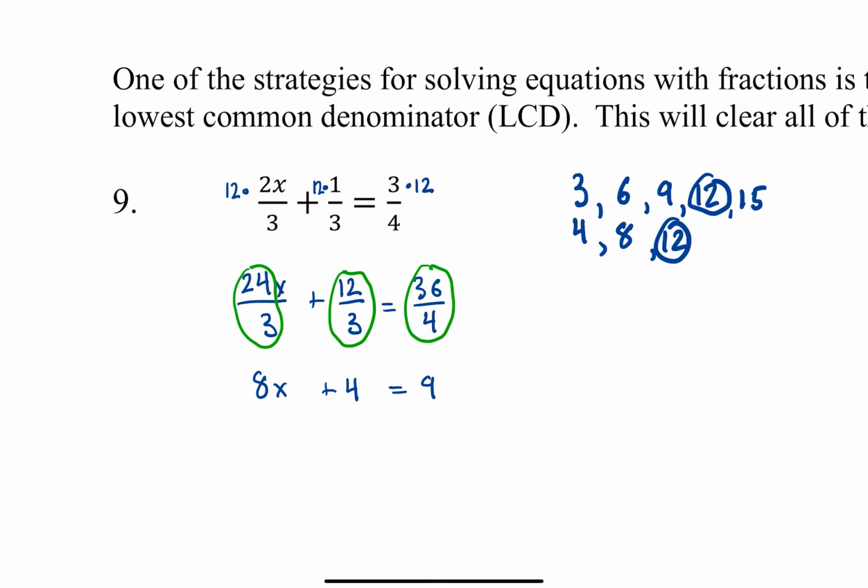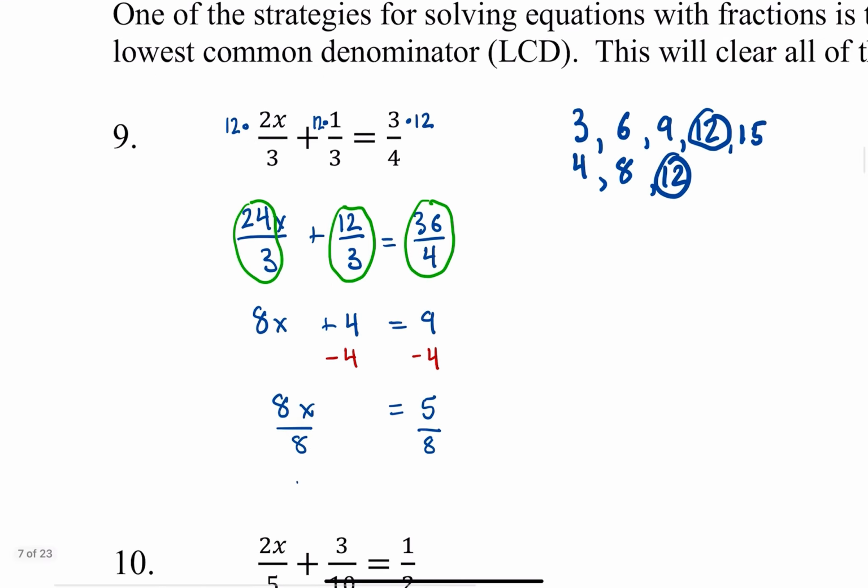From here, we just go ahead and subtract 4 from both sides. So you have 8x is equal to 5. And our answer here, when you divide both sides by 8, is that x is equal to 5/8. And it's fine just being left as a fraction.